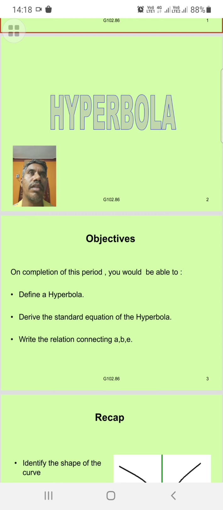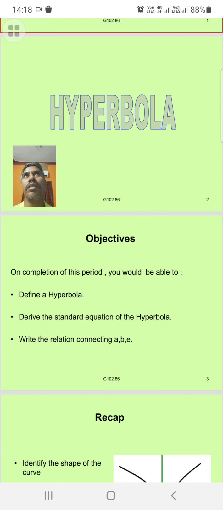That is, in the ellipse we say x square by a square plus y square by b square equals 1. Here in hyperbola we say the equation x square by a square minus y square by b square equals 1. Remaining, each and every element is similar to the ellipse.